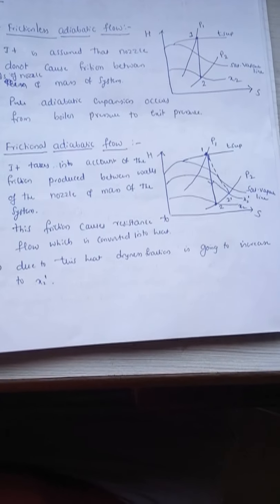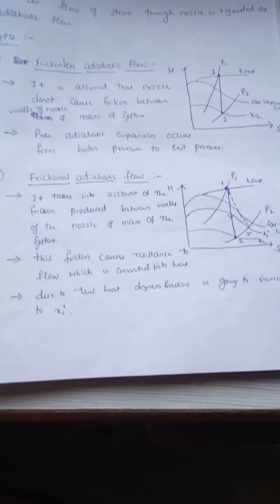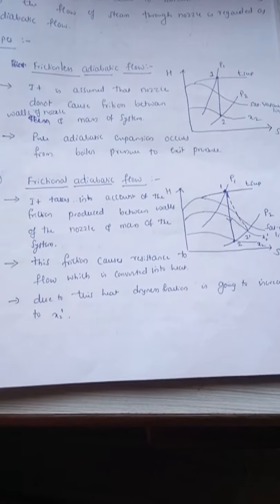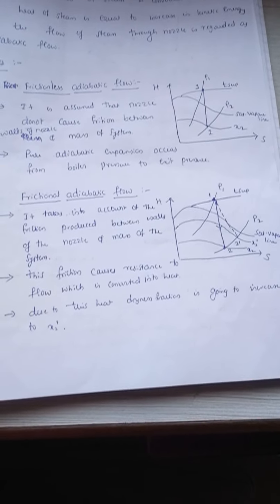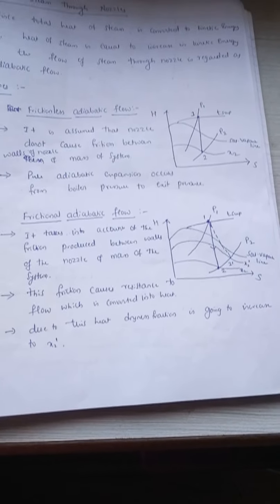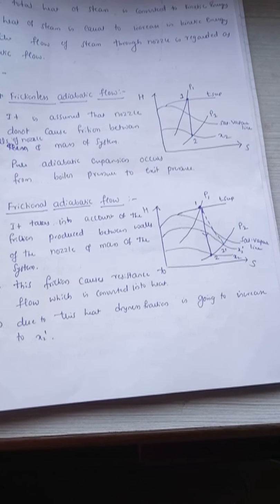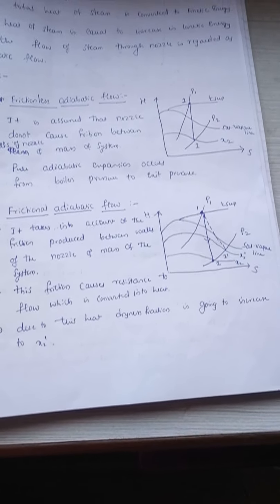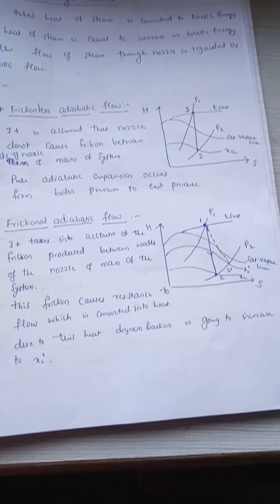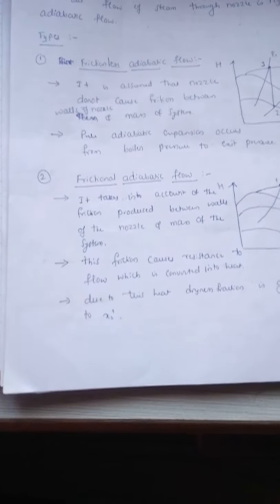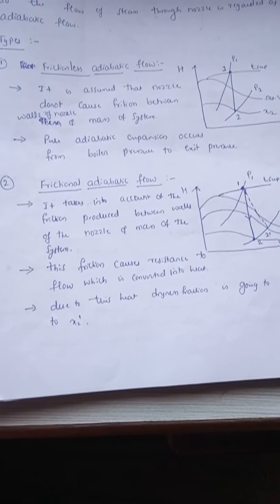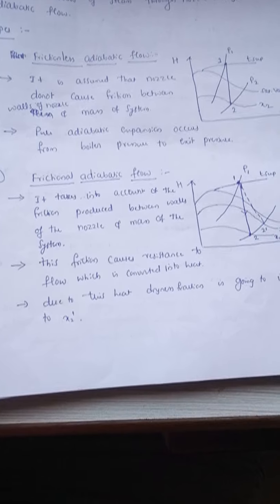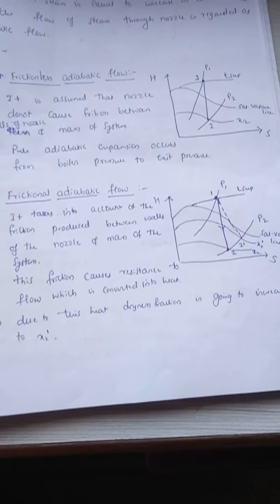Because of that friction we observe in the HS diagram that 2 moves to 2 dash, meaning the quality of the steam is increasing, while the pressure is the same. So it takes into account the friction produced between the walls of the nozzle and the mass of the system. This friction causes resistance to the flow, and due to this the dryness fraction is going to increase. Here I have already explained.